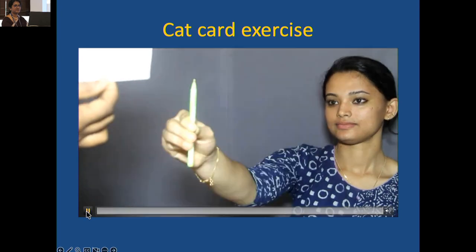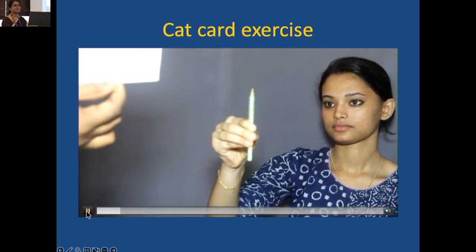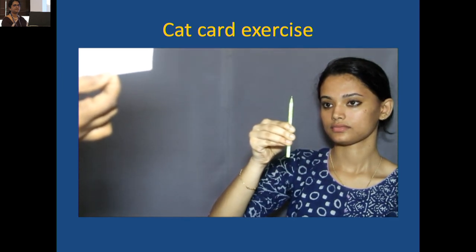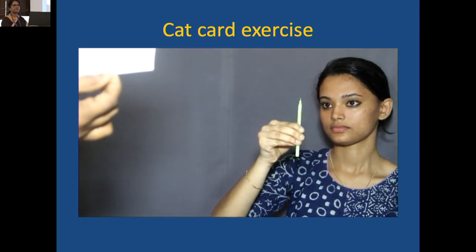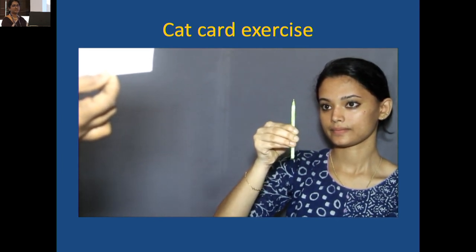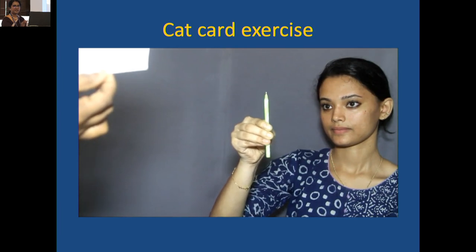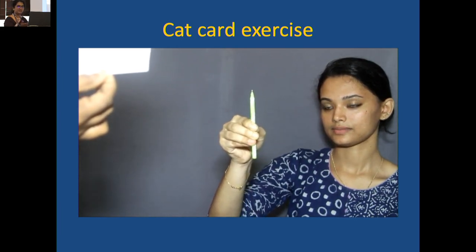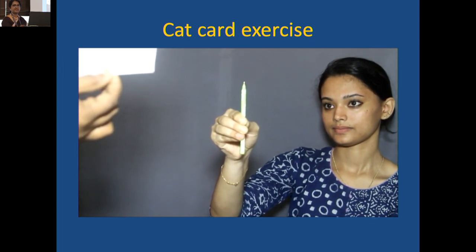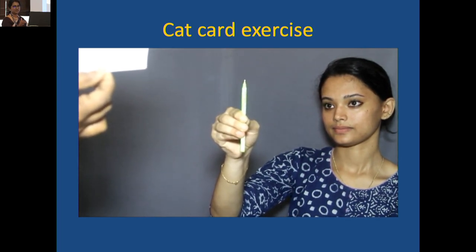Maybe you can see the video once again. Now it is single, and hold it for some time, and then you can do the exercise maybe 5 times or 10 times depending upon the patient's state of convergence insufficiency.